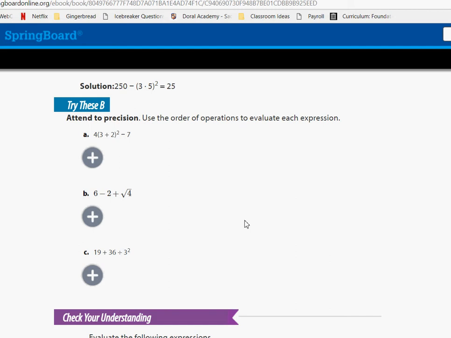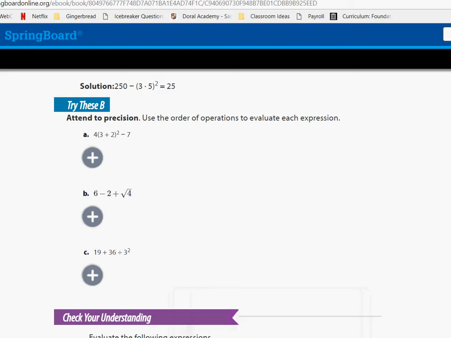Keep the exponent there, minus 7. Exponent is next. You only do the exponent for what's in the parentheses, so it's just 5 squared, not 45. We don't multiply first. 5 squared is 25. So 4 times 25 minus 7. 4 times 25 is 100, minus 7, because multiplication is first. Then we do 100 minus 7, and we get 93 as our answer here.